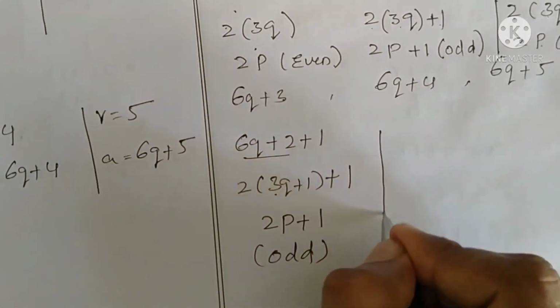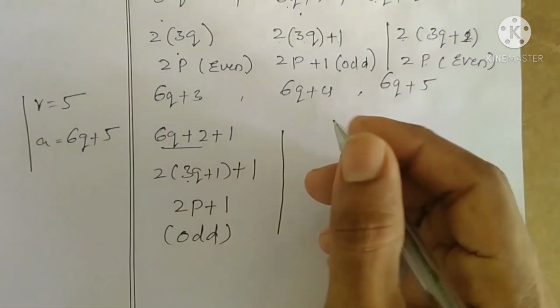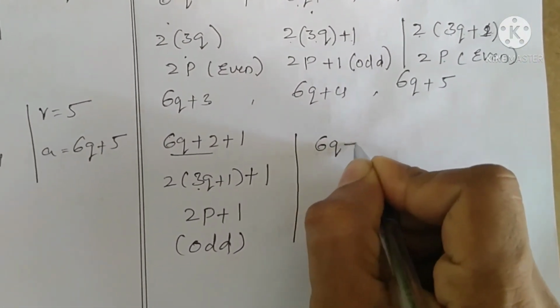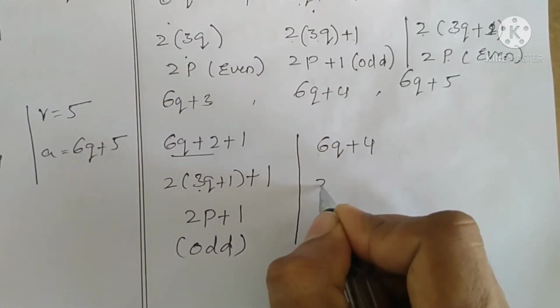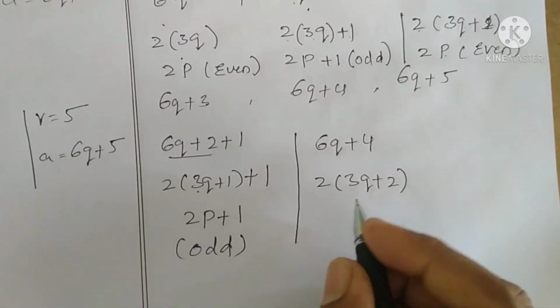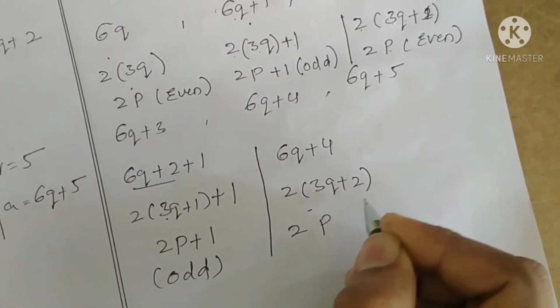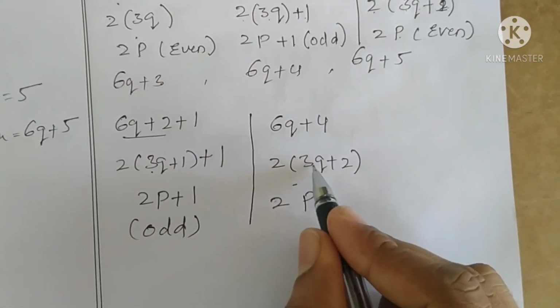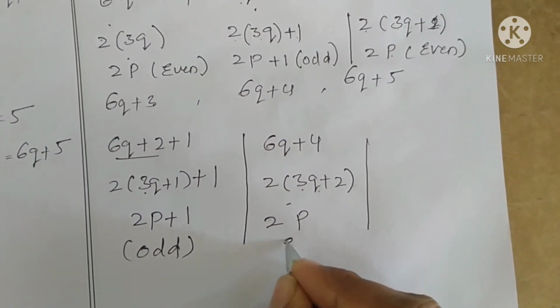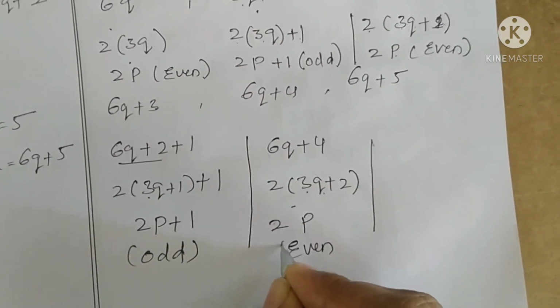So next one, 6q plus 4. Here 2 is common, the remaining terms are 3q plus 2. So it is of the form 2p, right? So p is an integer, that is equal to 3q plus 2. So it is an even series, right?